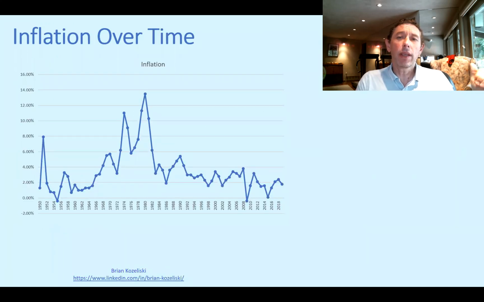All right. So here is the CPI over time in the United States, and we can see that we've been as high as almost 14%, and we've been as low as just slightly negative. So I guess the question is, what is high inflation and what's low inflation? Well, we could say, what's the average?